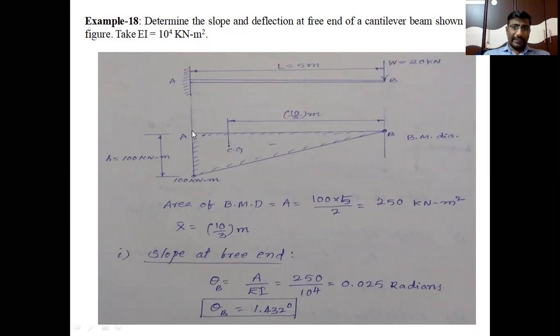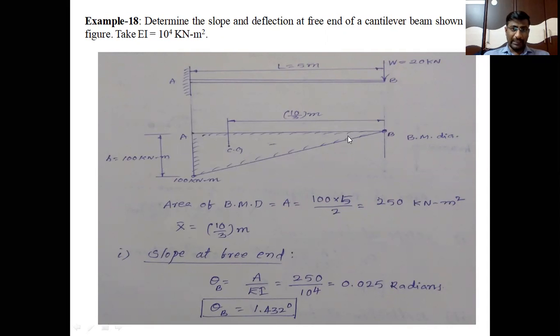Bending moment at A is minus 100 kilonewton meter, on the negative side below the baseline, on the vertical line of A. Join that 100 kilonewton meter with 0 bending moment by a straight line, because if there is no load between A and B, the bending moment diagram is an inclined straight line.